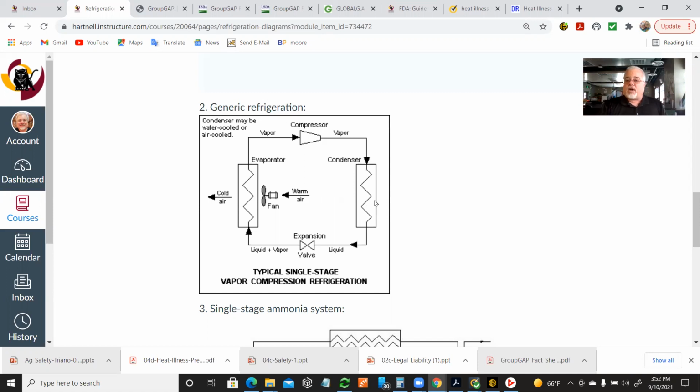So why don't we use water for this? Why do we use refrigerants? We use refrigerants because they're more efficient. Water is a great material to demonstrate, but water holds on to so much heat. And water can ice up at normal temperatures, temperatures we want to run the system at.